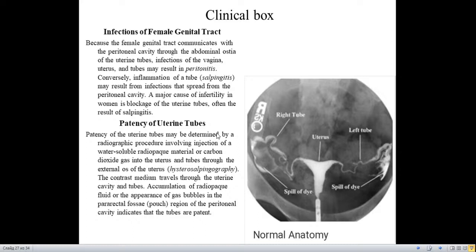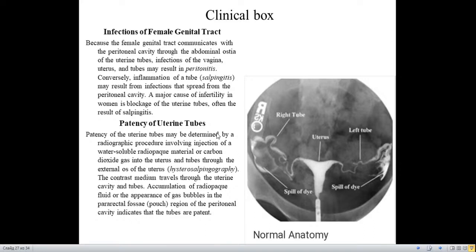So very often infection from the external environment might reach the peritoneal cavity to cause pelvioperitonitis. Pelvioperitonitis means inflammation of the peritoneum in the pelvic cavity. Or step by step it might cause firstly salpingitis, inflammation of the mucosa of the salpinx, or uterine tube.